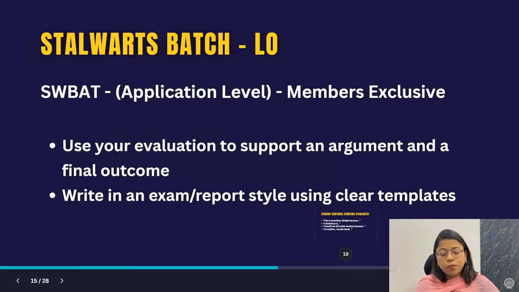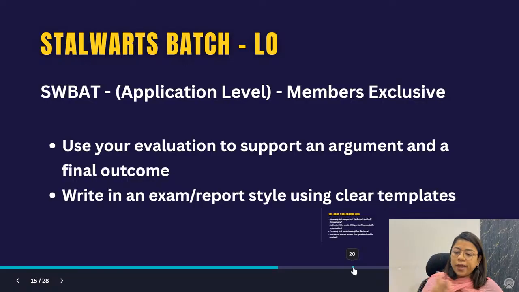In the first Stalwarts batch, that is your Saturday's members exclusive batch, we are going to cover the next part, that is the application part of the learning that we are going to cover today. That is, use your evaluation to support an argument and final outcome. Write in an exam report style using clear templates. So I will be sharing clear templates.